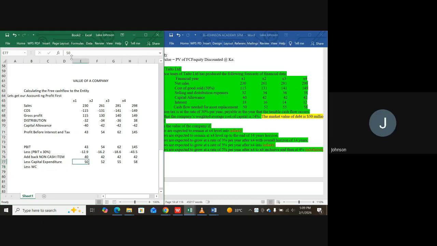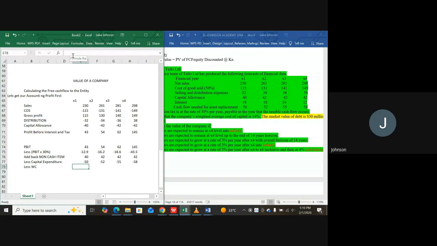So we can multiply it by -1. Or instead of doing all this, let me just type minus 50, minus 52, minus 55, minus 58. Okay, that's fine. So we click on enter.